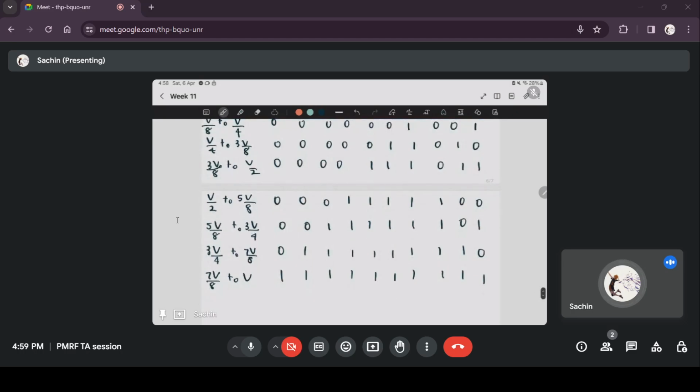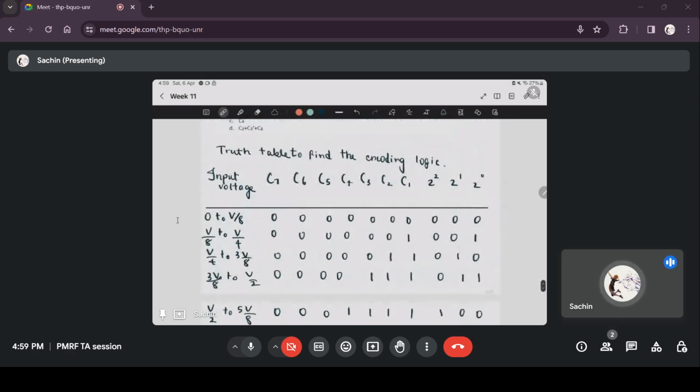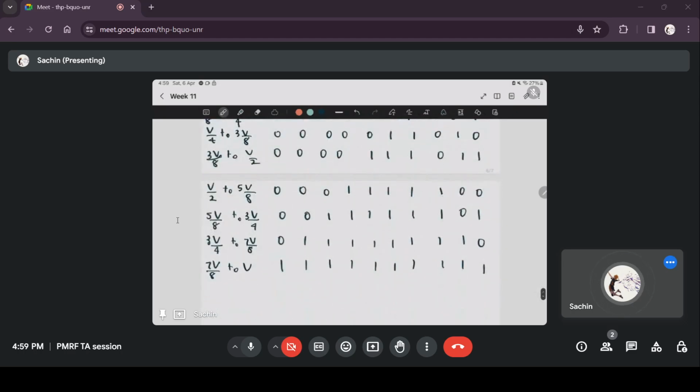And from this truth table you can see that the MSB 2 squared is 1 for the last 4 voltage ranges, so from V/2 to V, and in that case the comparator C4 gives a high output in all those 4 cases, and it's a low output for all the other cases.